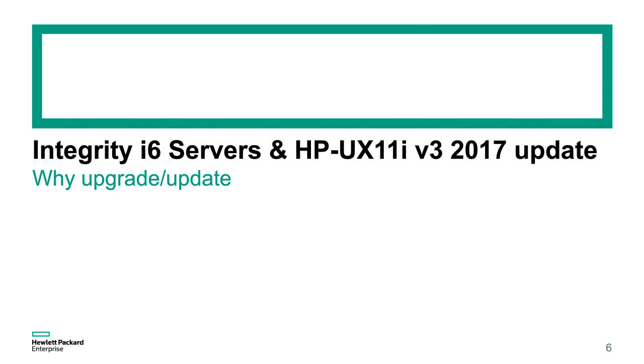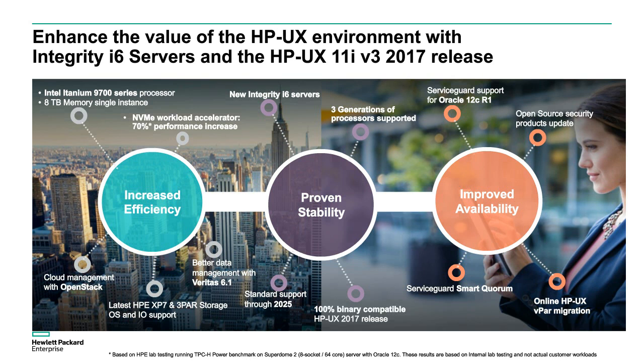So a quick look at the current range of Integrity i6 servers. So the i6 really refers to servers that include the Intel Itanium 9700 series processor. So if you remember, we've just moved from the i4 series, the 9500 Poulson codename servers. Itanium 9700 you may already know as Kittson codename servers.